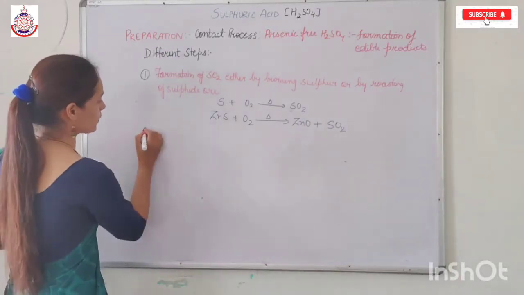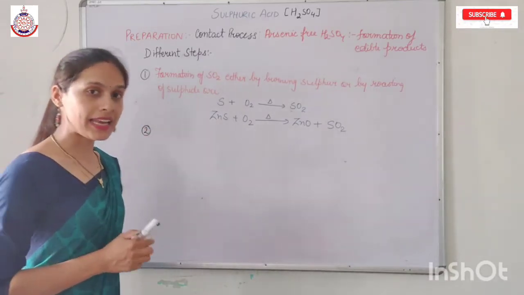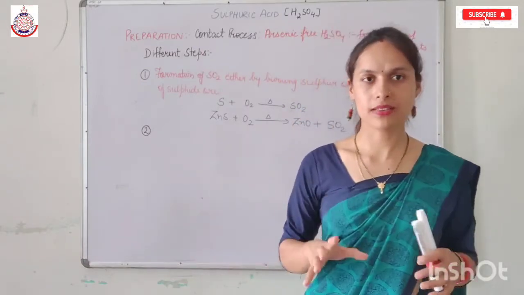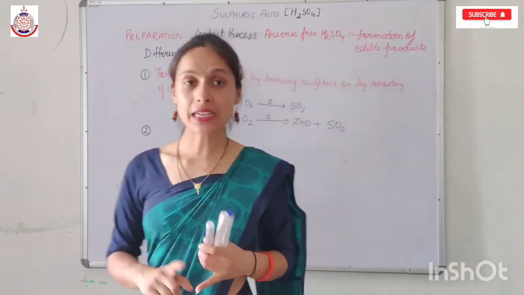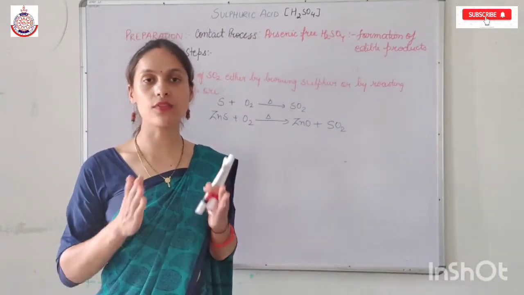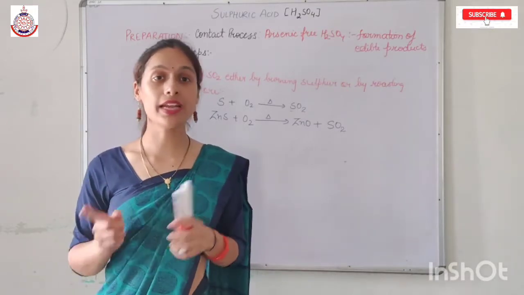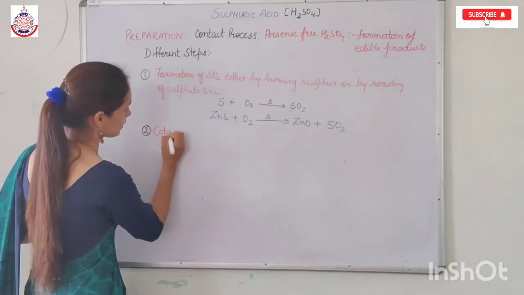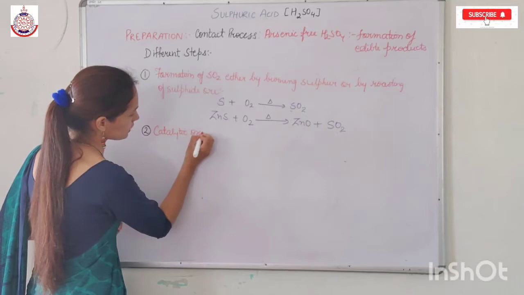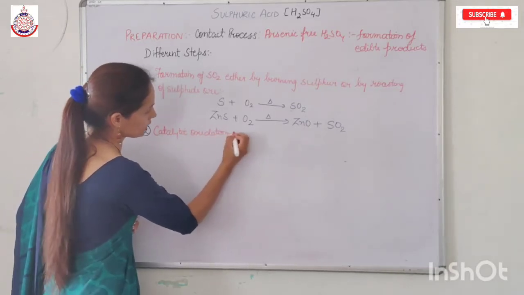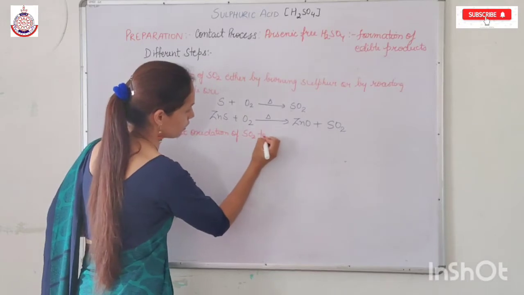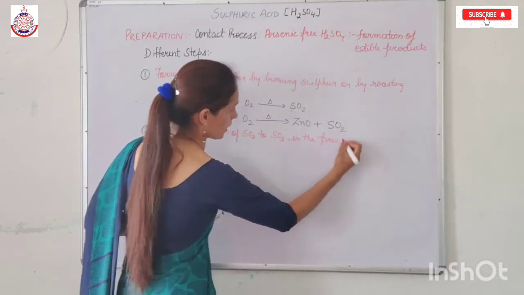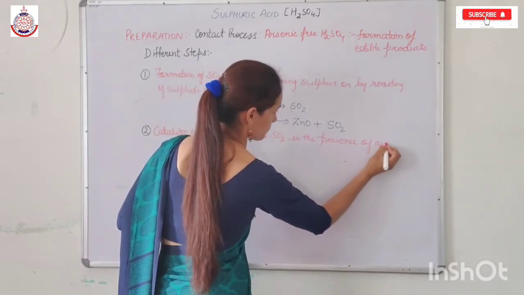Now, the second step of the contact process is the catalytic oxidation of sulfur dioxide to sulfur trioxide in the presence of air.